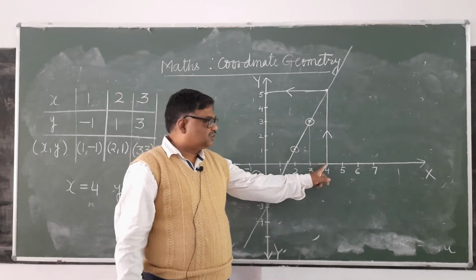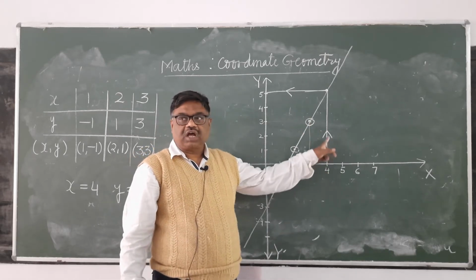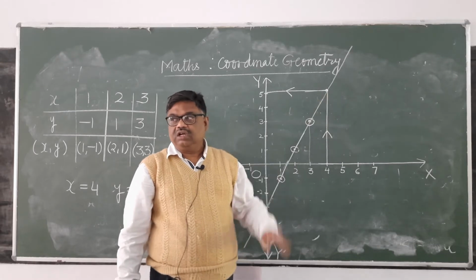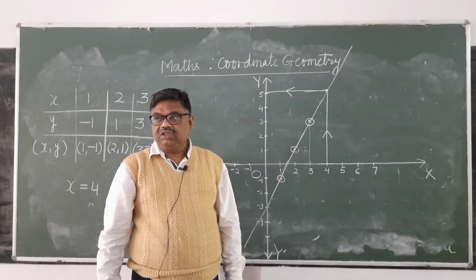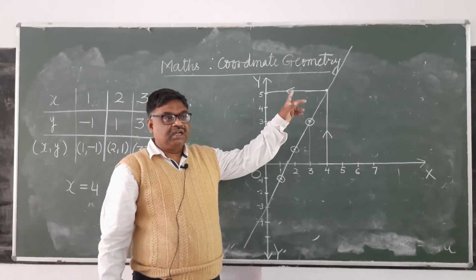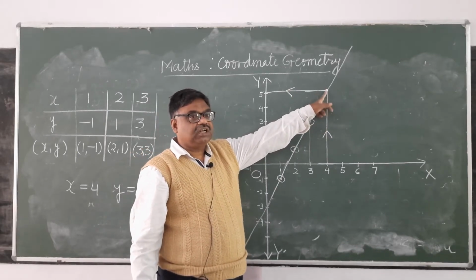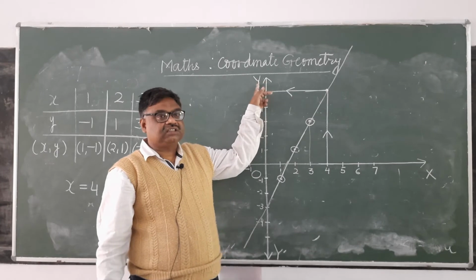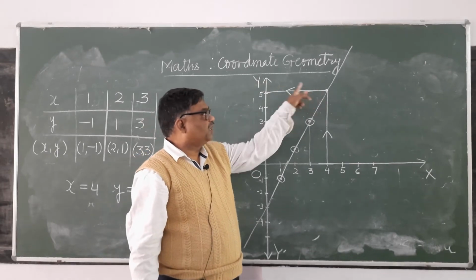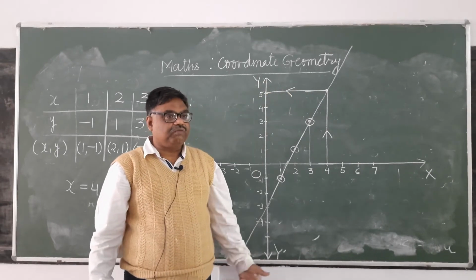So from x equals 4, you draw a line which meets the graph. Is it clear? You will draw the vertical line. It meets the graph at this point. You see its position on the y-axis. This point is in front of which value on the y-axis? It is in front of 5.